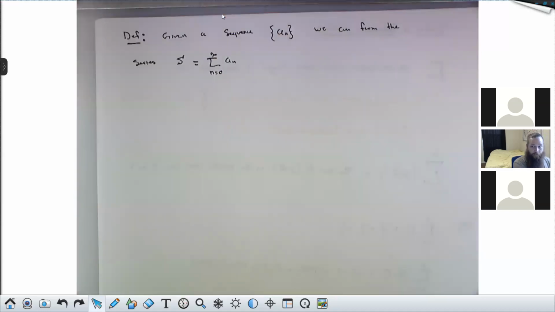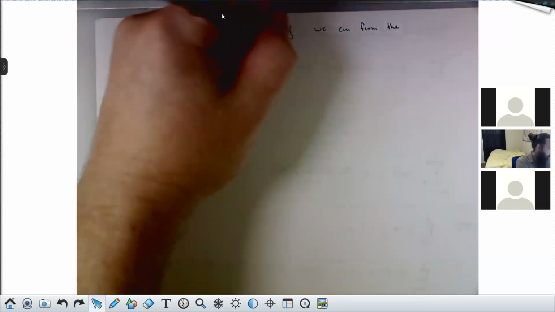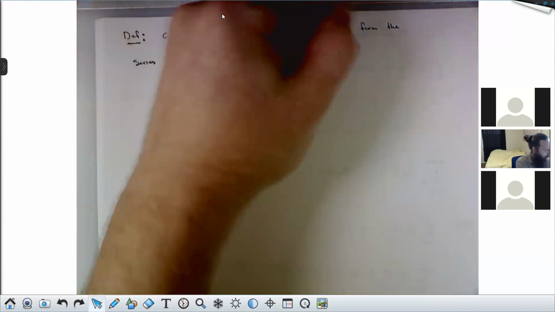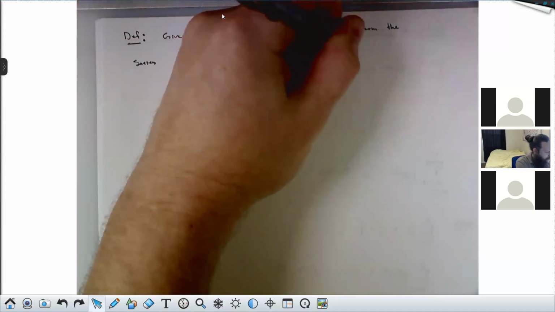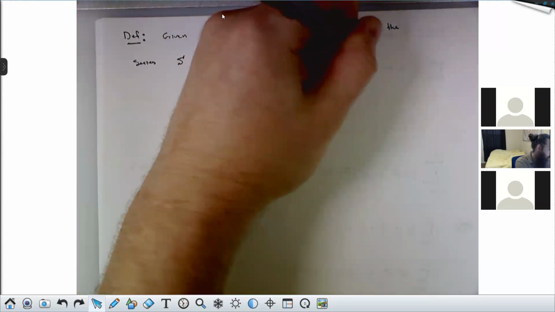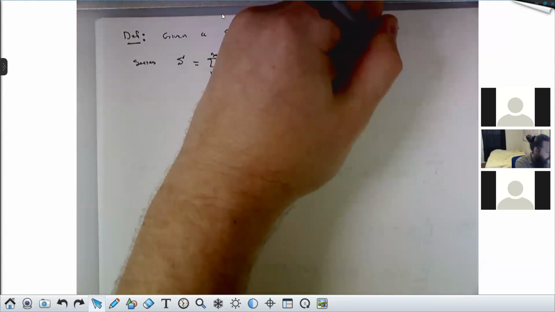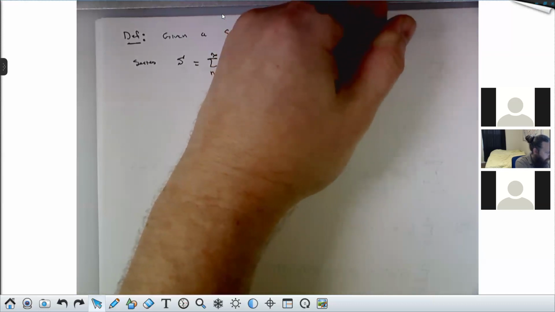This is the sum of all the terms of the sequence. So instead of a list, you're adding up all the things in that list. By defining S to be the limit as capital N goes to infinity of the finite sum.